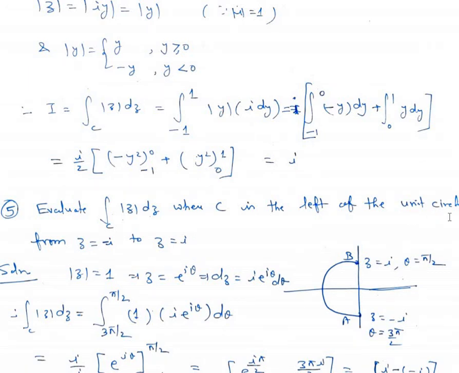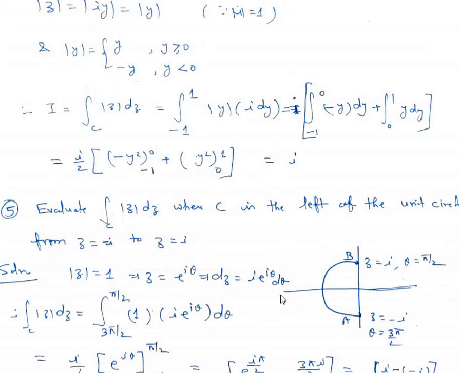Now, unit circle means center is at the point (0, 0), radius is 1, and we have to take the left half of the unit circle in this portion, and we are moving from z is equal to minus i to z is equal to plus i. Now, at this point, what is the angle? This is 270 degrees, so therefore theta is 3 pi by 2, and at this point theta is pi by 2.